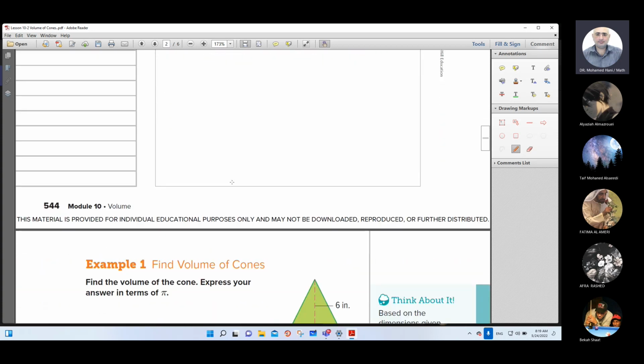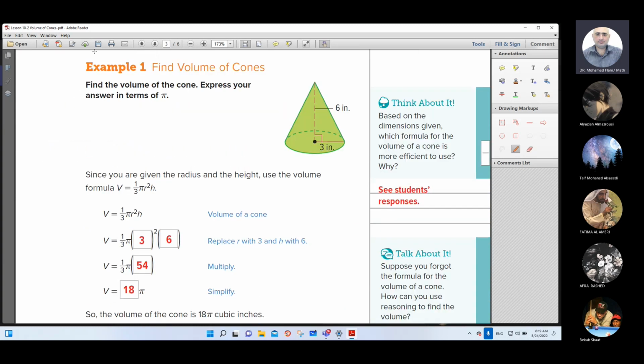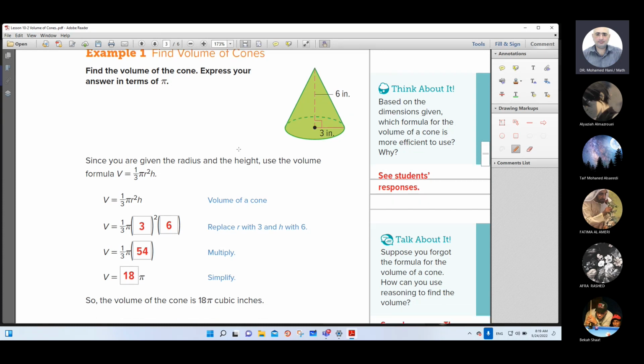For example, how to solve the volume of the cone? Find the volume of the cone, express your answer in terms of pi. Right. In this figure, as you see, we have the height 6 and we have the radius 3.